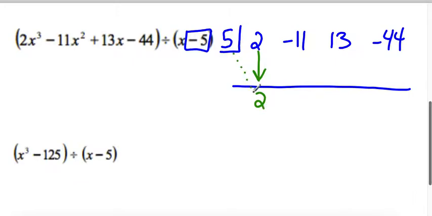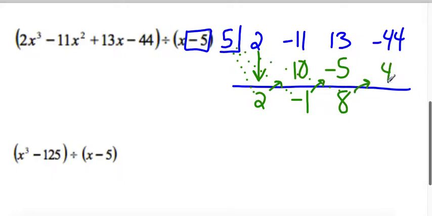Then multiply 5 times 2, which is 10, and add. Multiply, which is -5. Add, multiply, 5 times 8 is 40, and add.